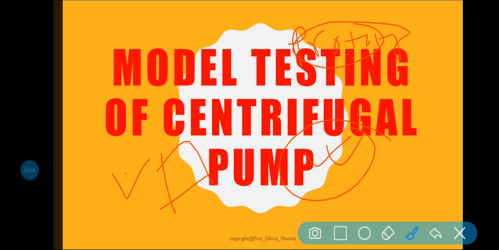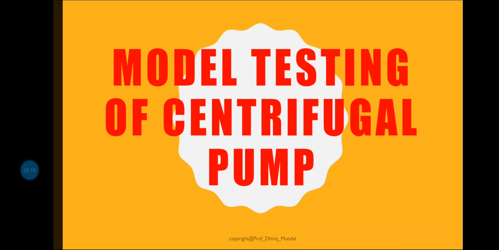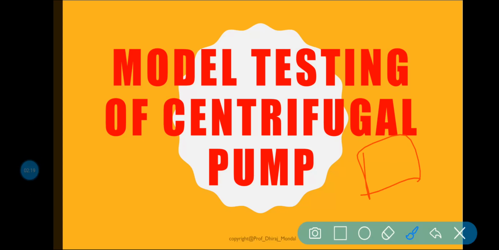So let us consider you want to manufacture a large size pump. Before manufacturing that large size pump, first of all you have to make a model on a small scale.